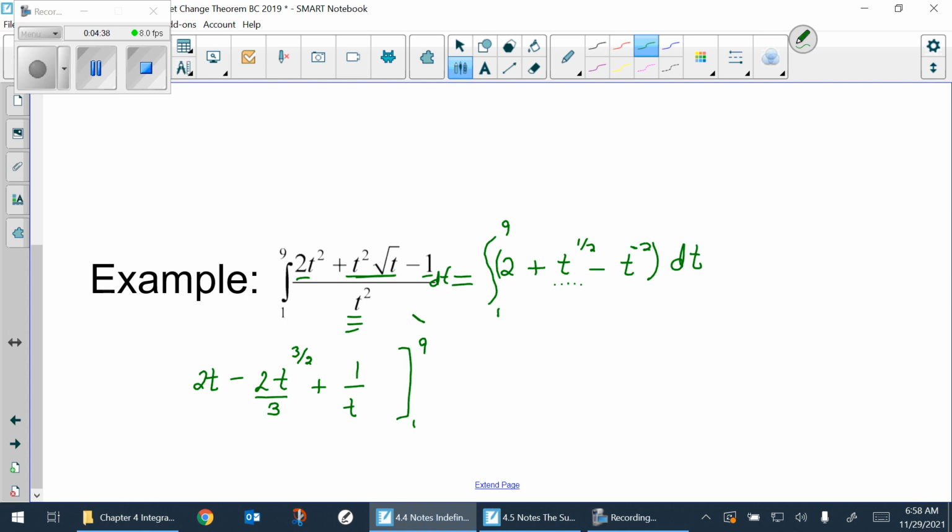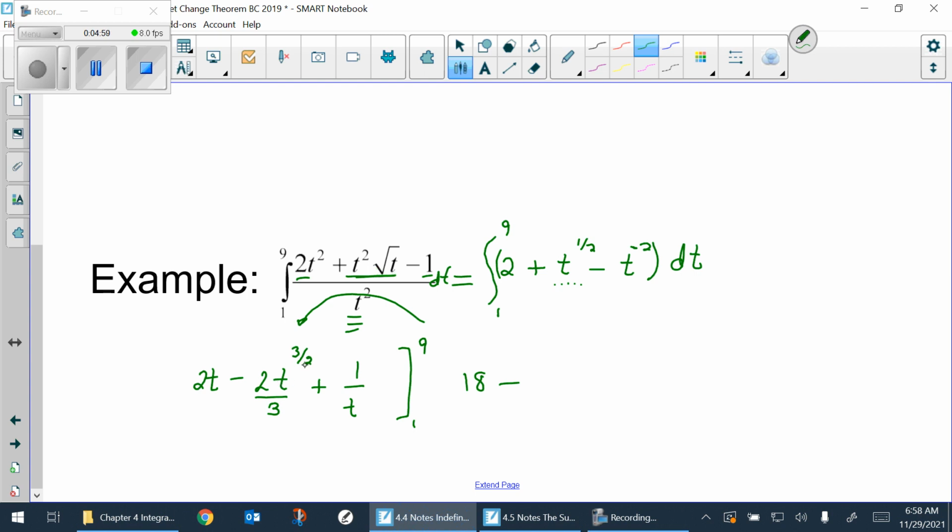And now let's drop that 9 in here. And 2 times 9 is 18. Minus. Drop the 9 in for this term right here. Remember what 3/2 means. It means let's take the square root of that number and cube it.